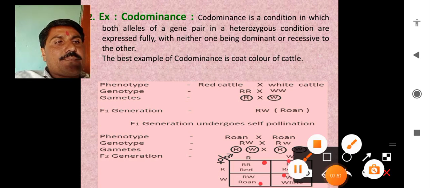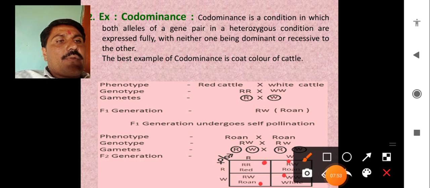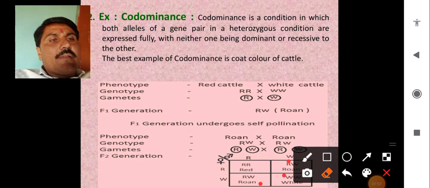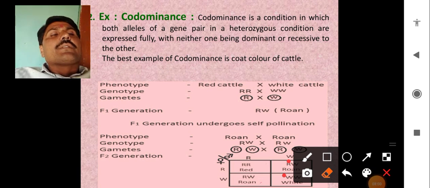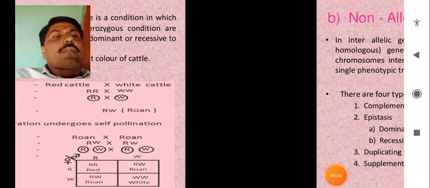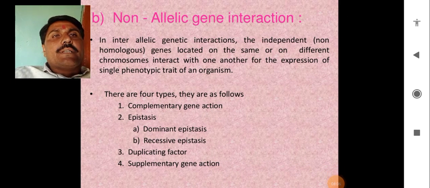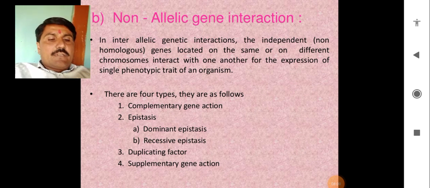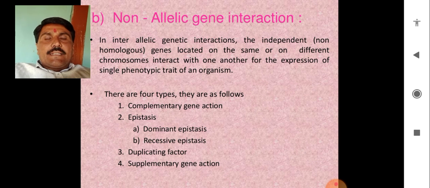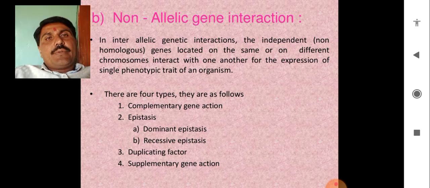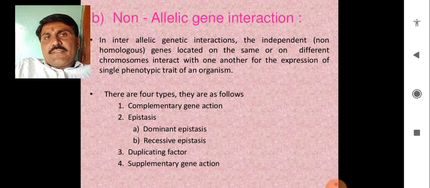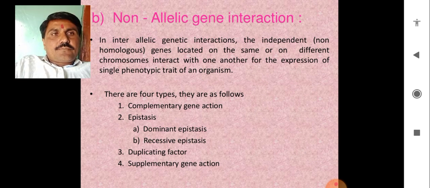So friends, what we see here is the non-allelic gene interaction. The second one, in the case of gene interaction: we have seen the allelic gene interaction, and now we move towards the next concept of gene interaction, that is the non-allelic gene interaction.